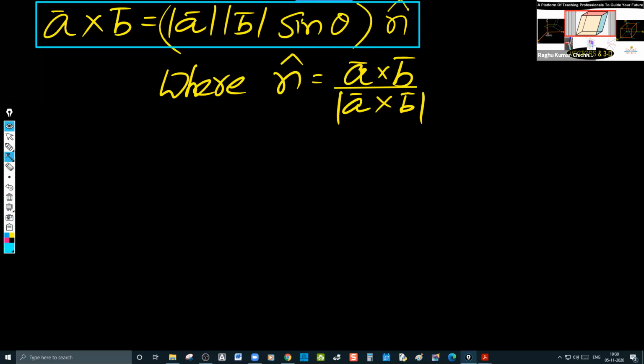It is very important to understand the direction of A bar cross B bar, because further in all the problems, you must have a better understanding of this.